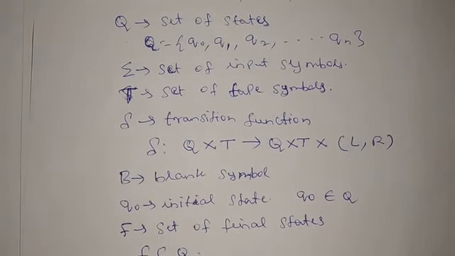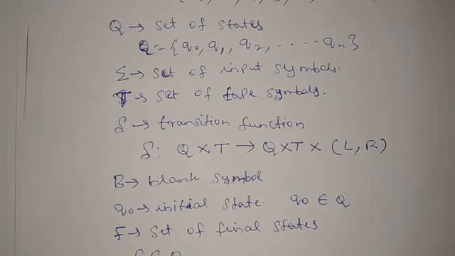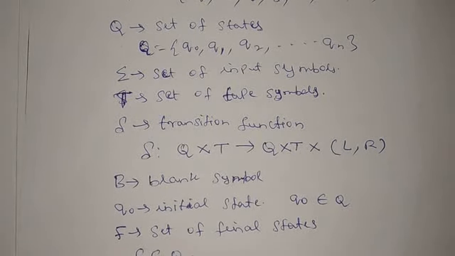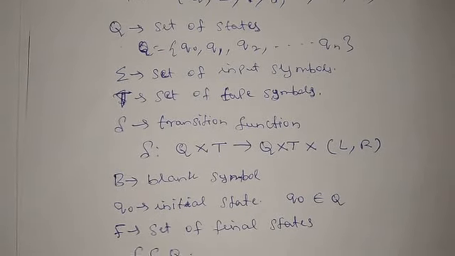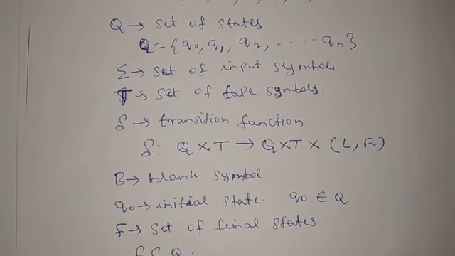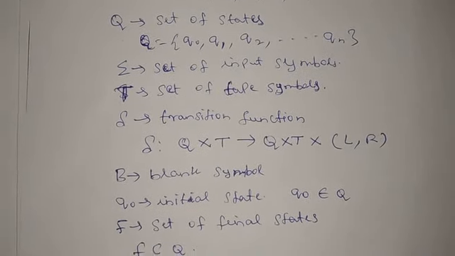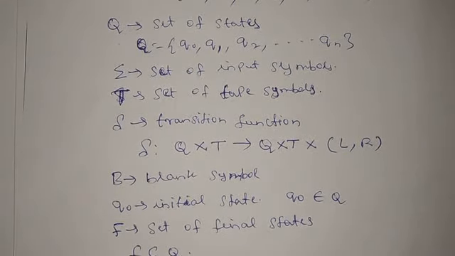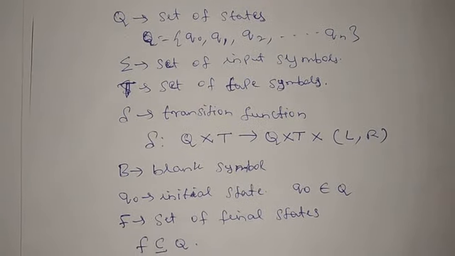T is called the set of tape symbols. Whenever you read an input symbol from the tape drive, it has to be replaced by another symbol, and that replacing symbol is called a tape symbol. For example, if I replace A by X, then X is called a tape symbol. And if I replace B by Y, Y is also called a tape symbol.